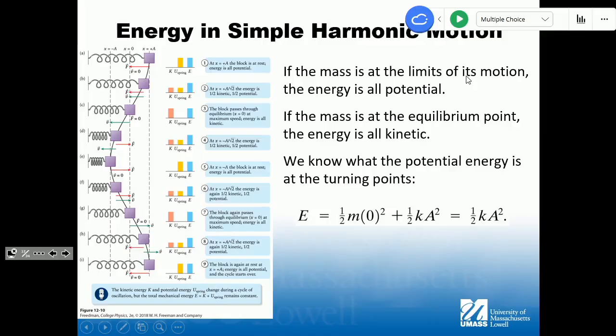The sum of potential plus kinetic is constant. So whatever number it is at each end, it's the same total number everywhere. Everyone with me? It's just that at the ends it's potential, in the middle it's kinetic, and everywhere else it's a mix of kinetic and potential. This mass is moving and the spring is stretched or compressed a little.